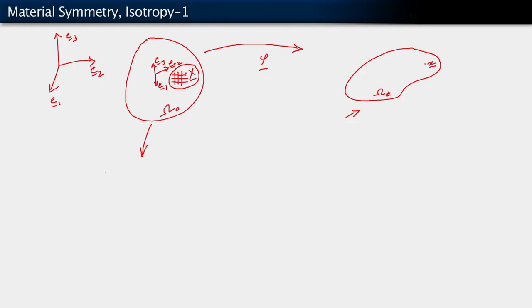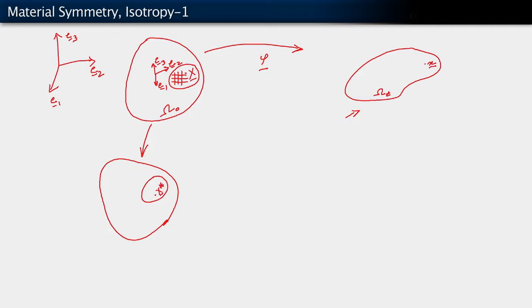Okay, now I've got to do a decent job of representing this rotated reference configuration. Okay, reasonable. What's more important is that I draw this neighborhood. Okay, I'm going to denote this neighborhood as X star.